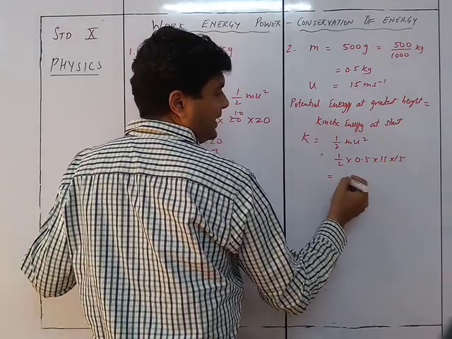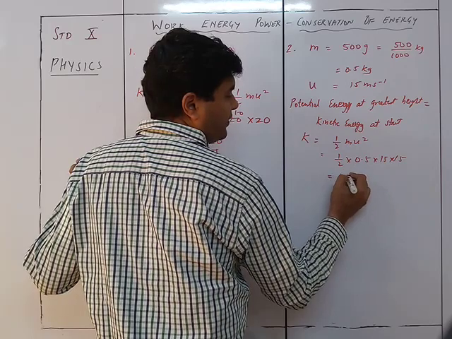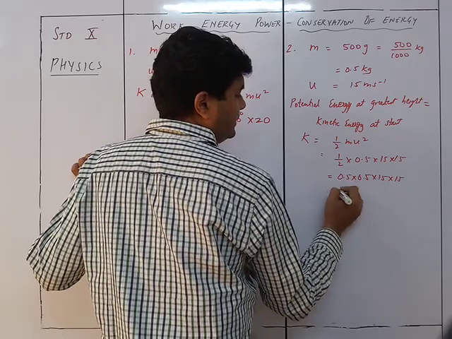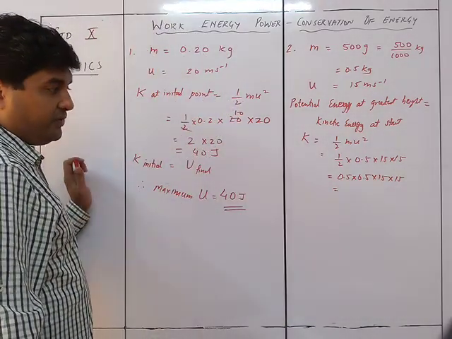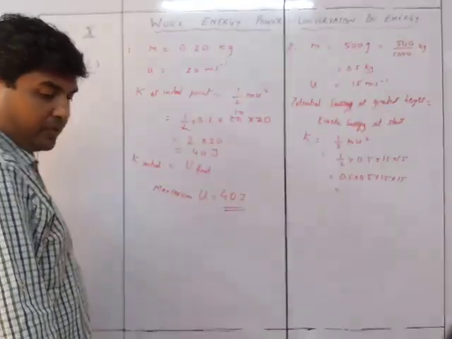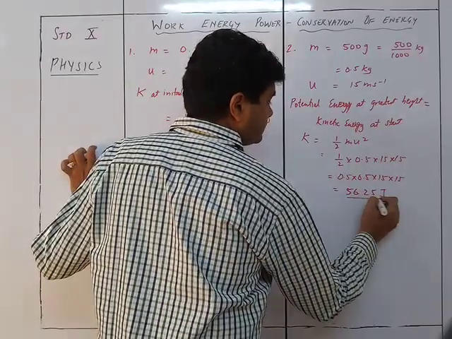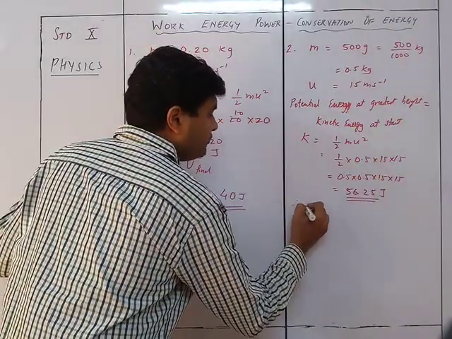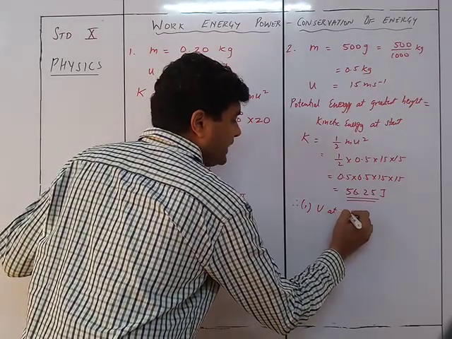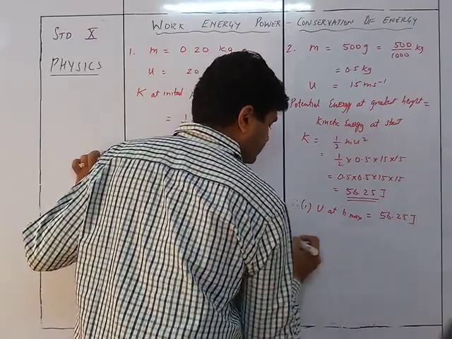So it will be 0.5 into 0.5 into 15 into 15. That is 225, and 225 into half will be 2.5, and then 56.25 joule. Therefore, first part: U at H max is equal to 56.25 joule.